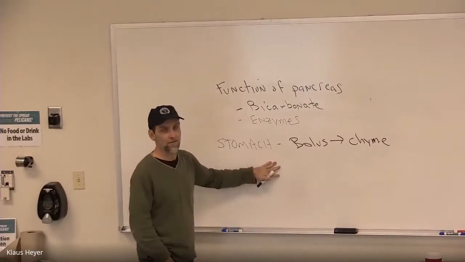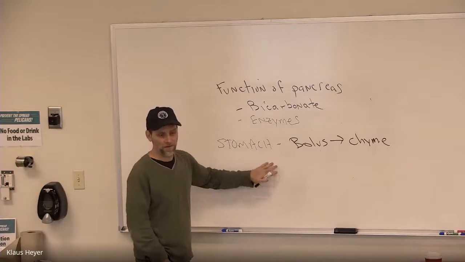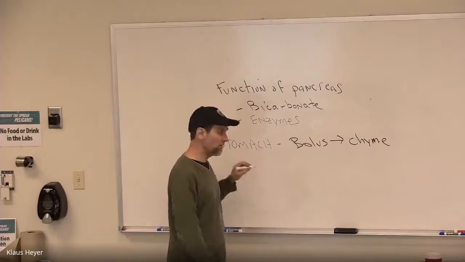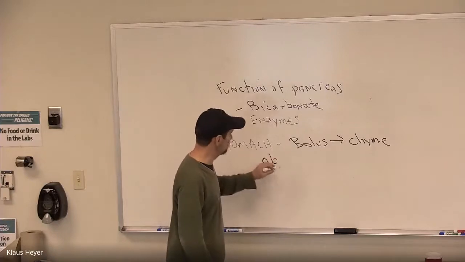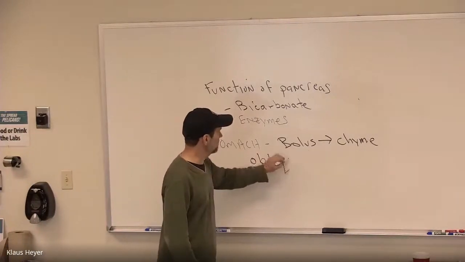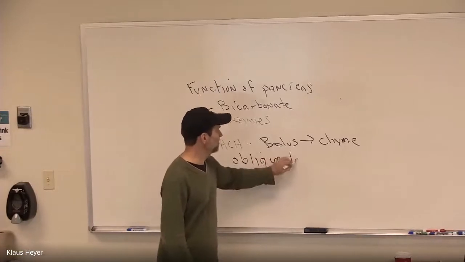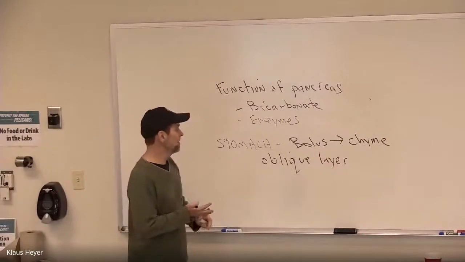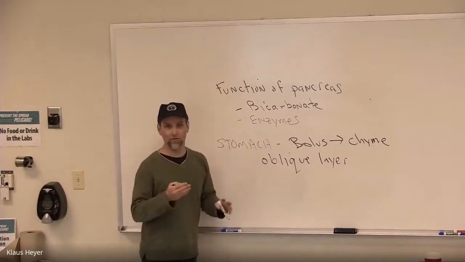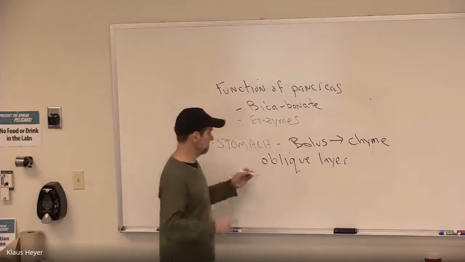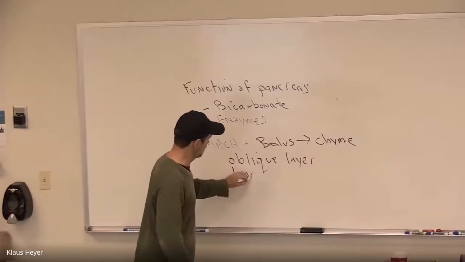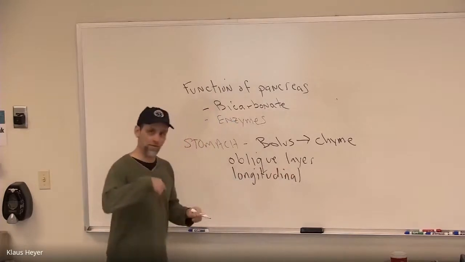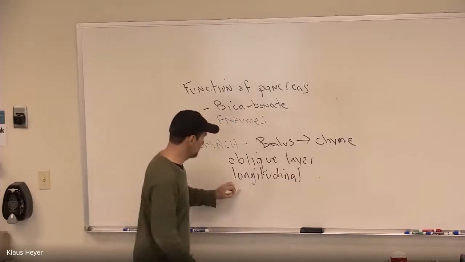Why? What's so special about the stomach that it can do that? It's got that third layer of muscle, a diagonal layer, or we call it oblique. Oblique muscle layer, so it's got a third, right? Everything else has 2 layers of muscle. Longitudinal, which runs up and down the organ, and circular.